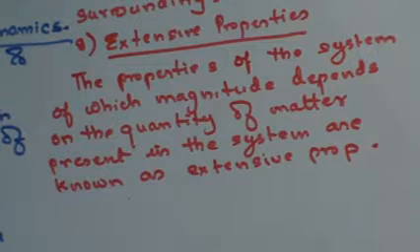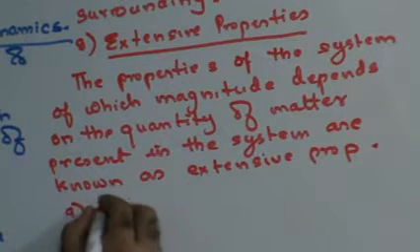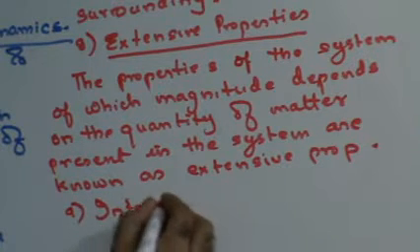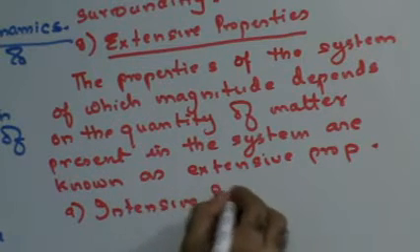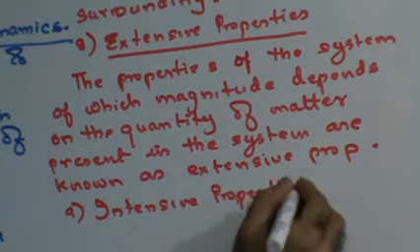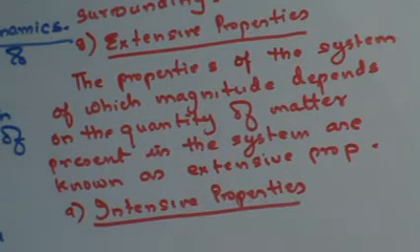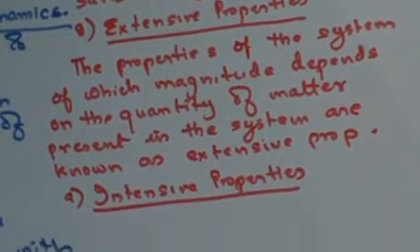Right? Next, intensive properties. What are intensive properties? These are properties of which the magnitude is independent of the matter present in the system. For example, pH, how acidic a liquid is.